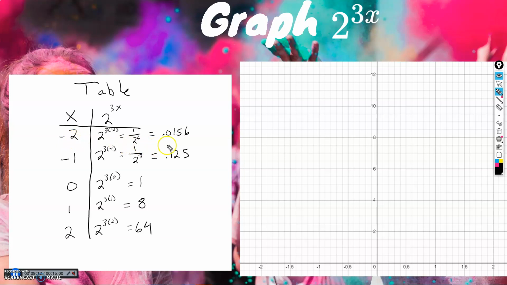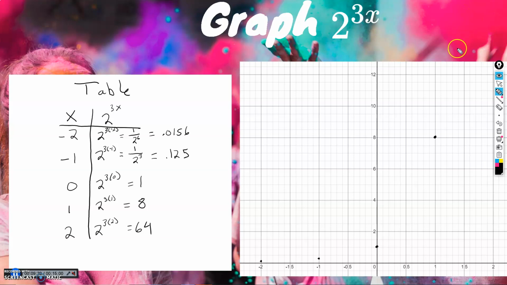So at -2, we're at the point 0.0156. This is basically 0, but let's see how close I can get it to there. There we go. -1, also very, very small. At 0, we're at 1. At 1, we're at 8. Come here, 8. And then at 2, we're all the way off the graph.